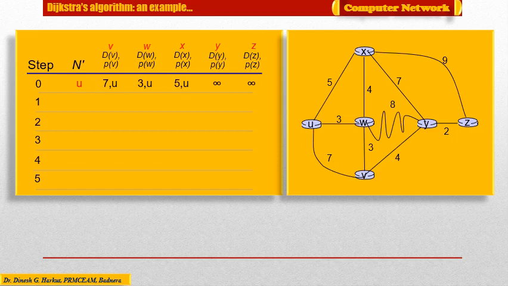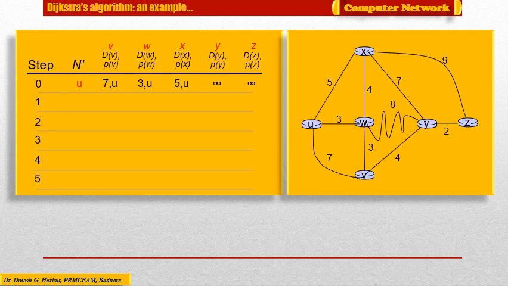And as there is no direct path from U to Y and U to Z, the value is set to infinity. And U being the immediate previous node, the self node is the immediate previous node on the least cost path. Initially, the subset contains only the source, that is U.